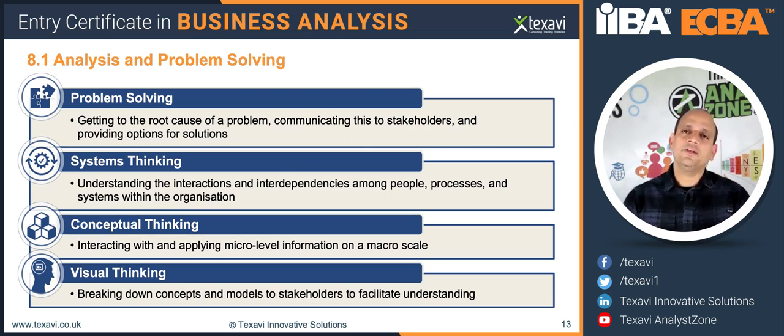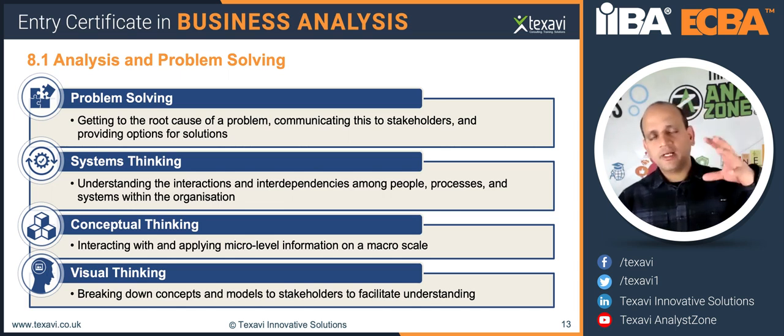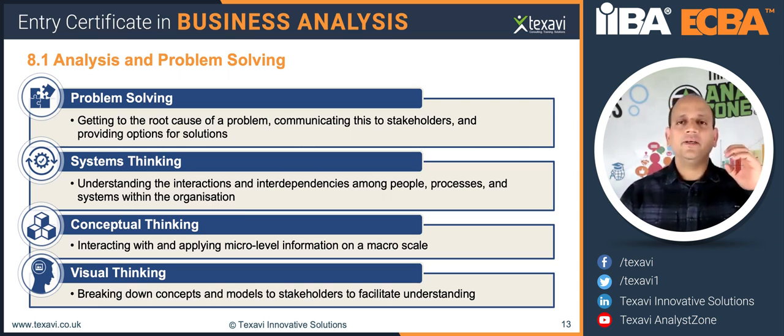That's where we talked about different conceptual models and mental models built up by the stakeholders, enabling them to take decisions at a strategic, macro level, so that the operations are happening and the solutions are being developed at the micro level, on the ground, by the development team.